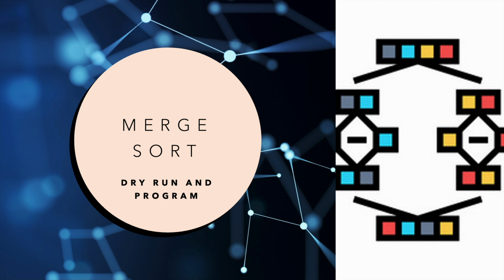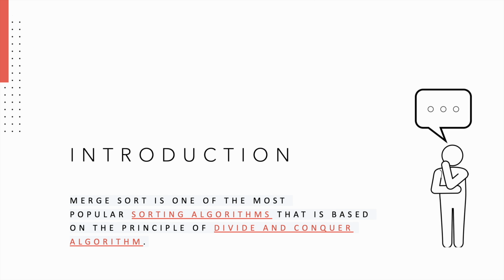So in the next video of sorting algorithms and techniques, we will move forward towards merge sort. Merge sort is a type of sort where we use the technique of divide and conquer. It is one of the most popular sorting algorithms, based on the principle of divide and conquer.